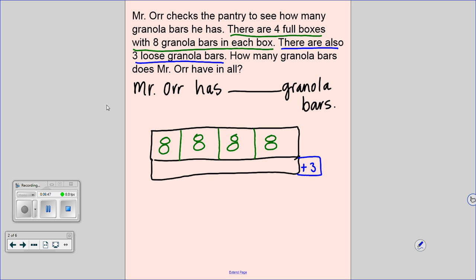And so what I did is I said, okay, I knew he had his boxes. I drew them and I put 8 in each. Once I figure out how many he has in all those boxes, then I know I'm going to add 3 more. Does that make sense? Yes, kind of? Yes. Okay.